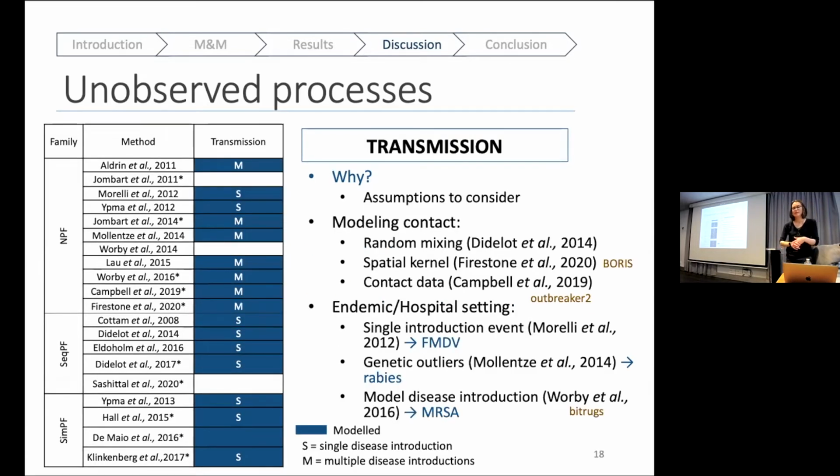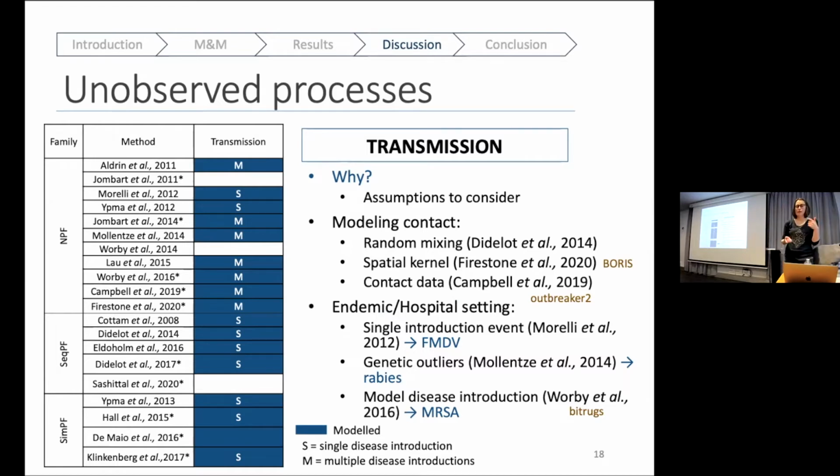The third process is transmission. Underlying assumptions of transmission models need to be considered before using a method. Indeed, if one's assuming random mixing, that means that every affected host is equally likely to infect any other host. This could be problematic, as we saw previously in the foot and mouth disease example.